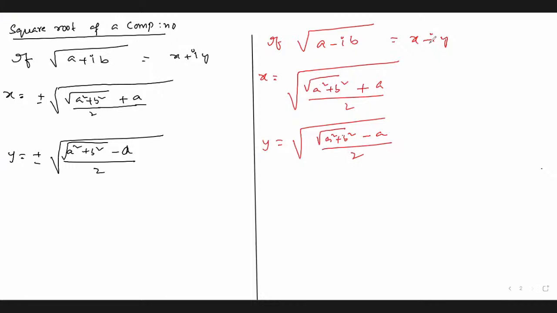But here you are going to get minus instead of plus. Here it is x plus iy, here it is x minus iy. That's all. So take down one problem related to this.